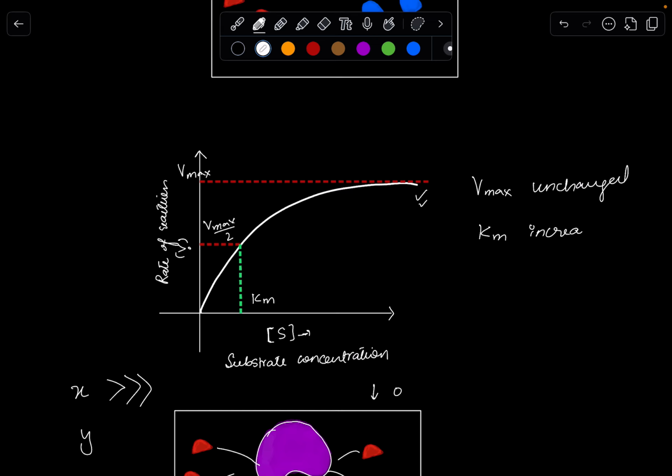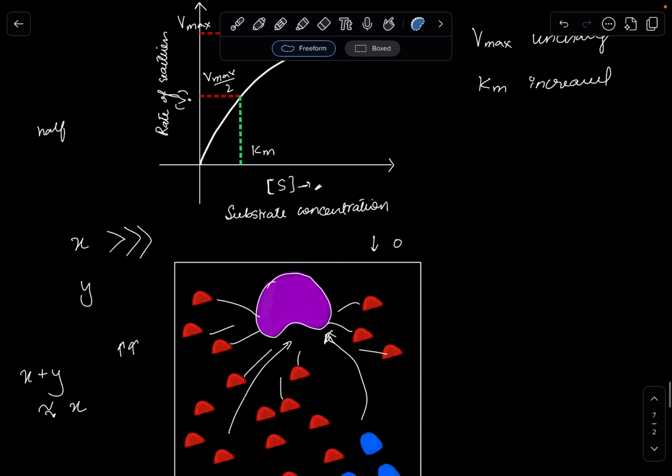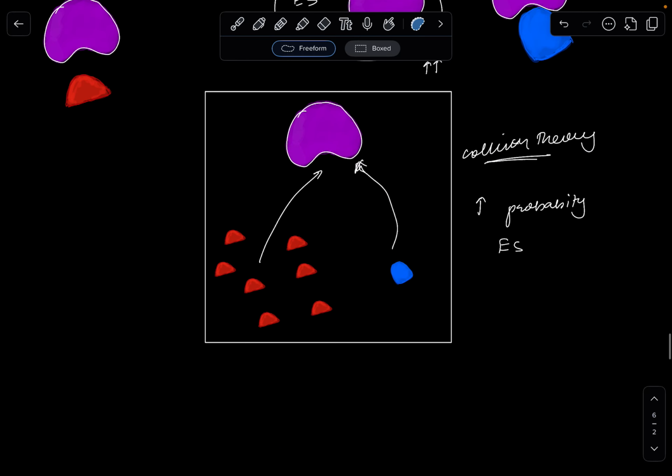But what will happen is that the Km is increased. Now, why is the Km increased? The Km increases because, what? You tell me. What is the Km? The Km is the concentration of the substrate at which half the active sites are occupied. But if I have this system, let's take this.